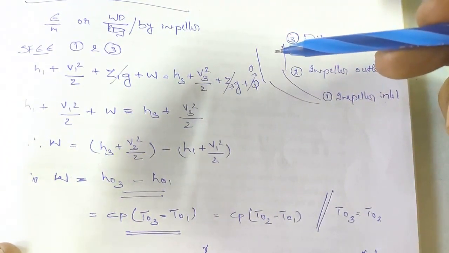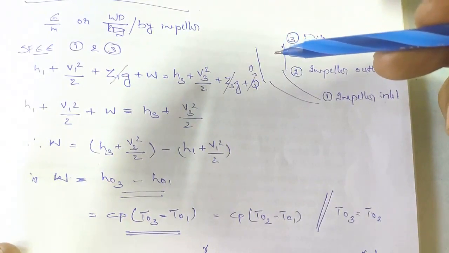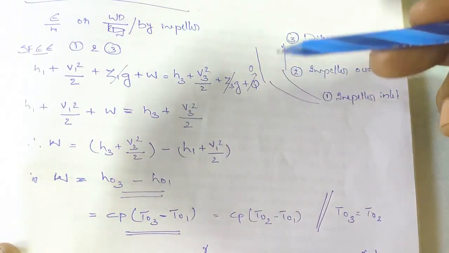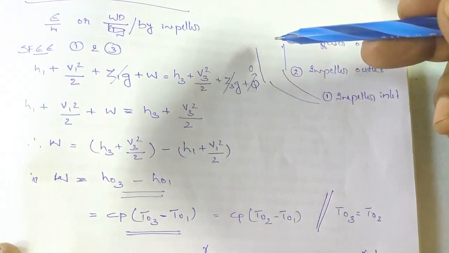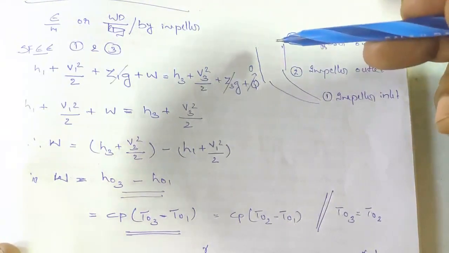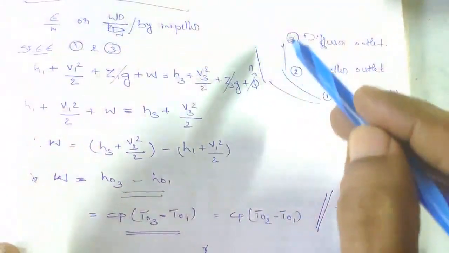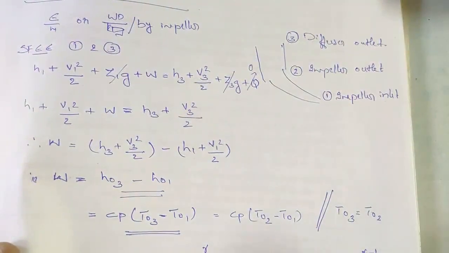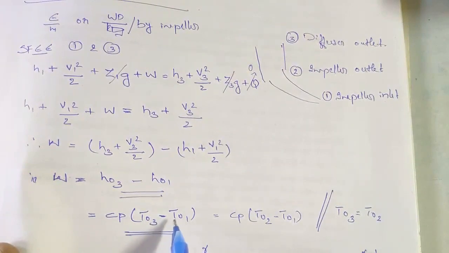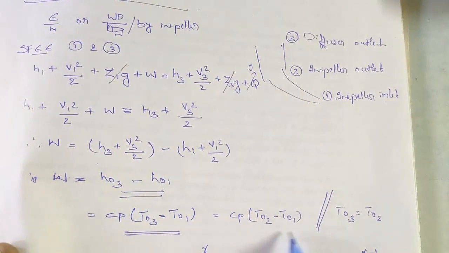No additional work is done. So T02 will be equal to T03. Only conversion is there, no additional energy is supplied. So the total temperatures at 2 and 3 are the same. We can write Cp into T03 minus T01 as Cp into T02 minus T01 also. So this is another expression for the work done.